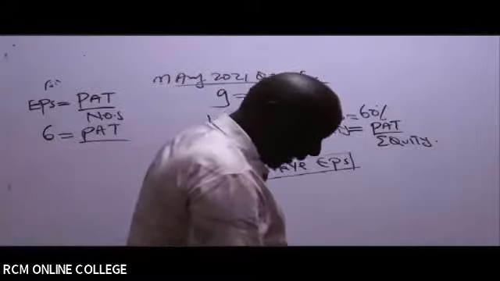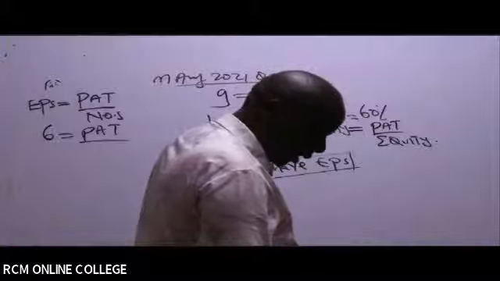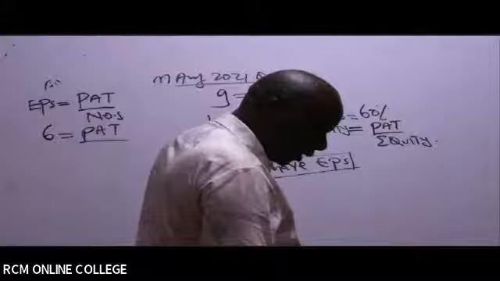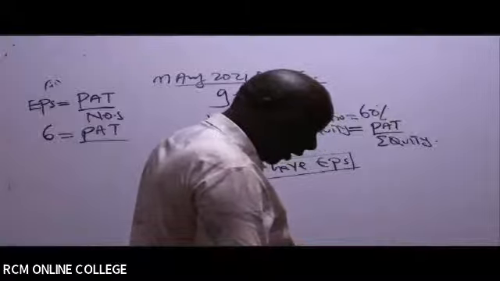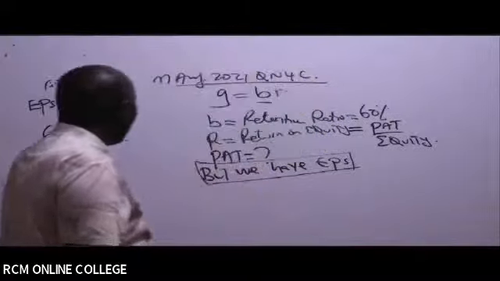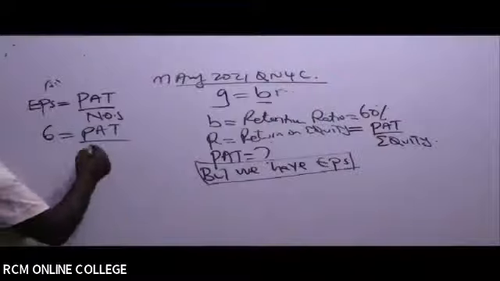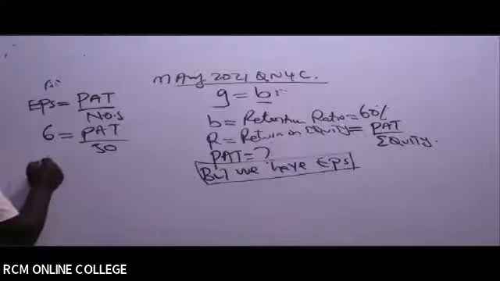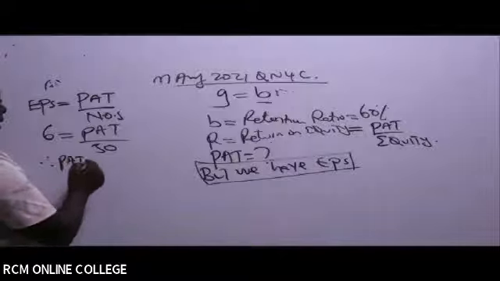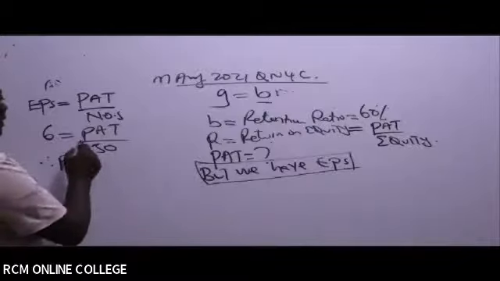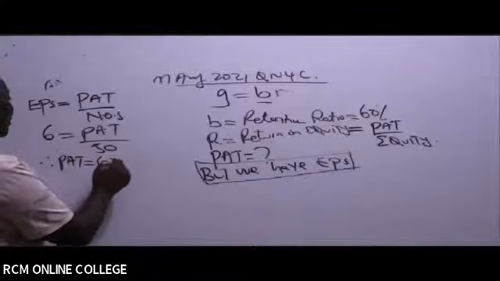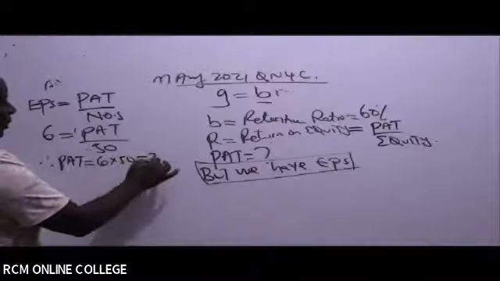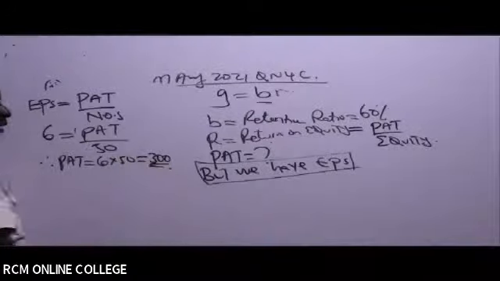In the question second sentence, they have told me the farmer has in issue 50 million ordinary shares, which have a par value of 20. So I'm talking over number, not value, 50. Therefore, PAT in our case will be 6 times 50 if you cross multiply, which will end up giving us how much here, somebody? 300.